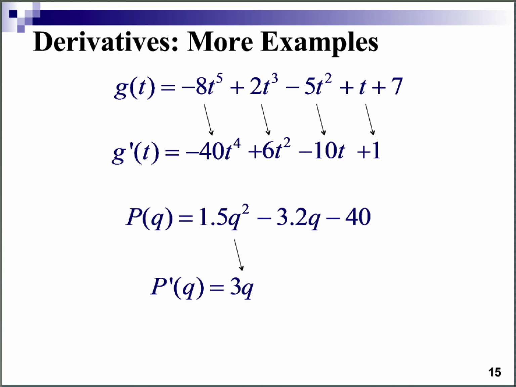The number in front of that line, the slope of that line, is negative 3.2, so that's the derivative of the second term. And then the derivative of negative 40, because it's a constant, is 0. So the derivative of p, which is p prime, is simply 3q minus 3.2.